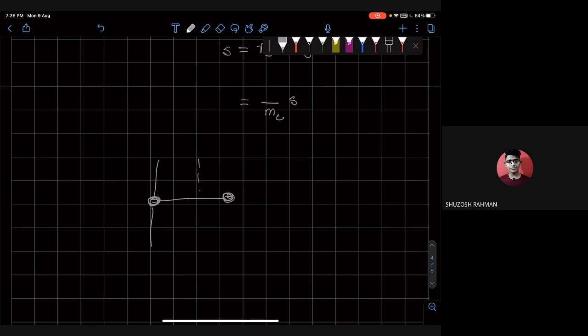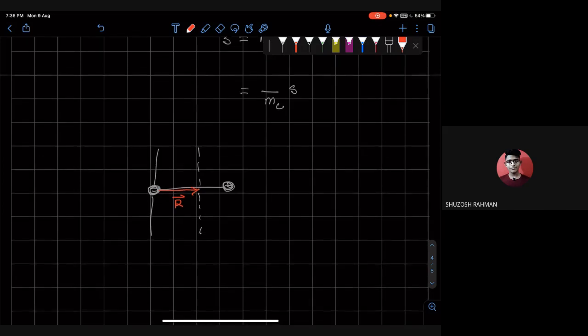So the center of mass is this vector, say R, and R is equal to m_1 r_1 plus m_2 r_2 divided by m_1 plus m_2, right?